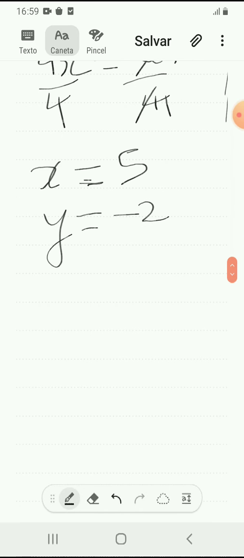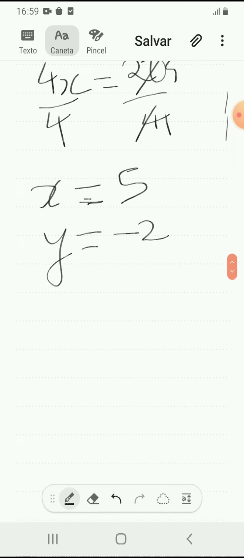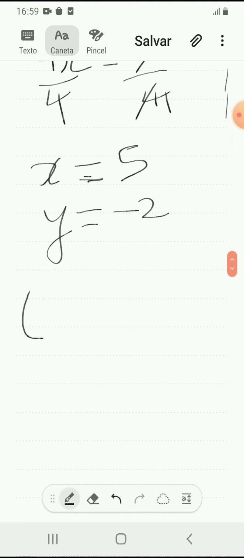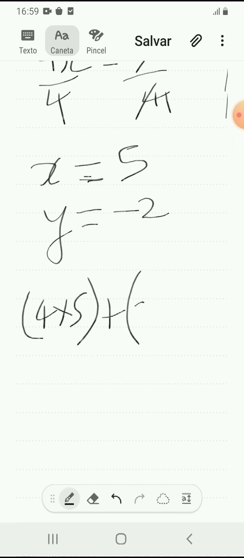So if you want to find out if your answers are correct, we can substitute both 5 and minus 2 into the equation. In this case, our first equation was 4x, so it's 4 times 5, the value of x, plus 3 times minus 2 equals 14, right?